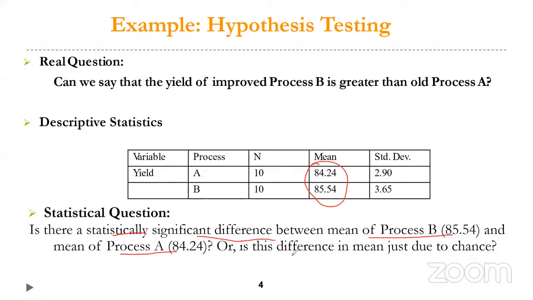Same happens with your standard deviation also, like whether they are actually different standard deviations or this difference is just due to chance. So that cannot be determined over here without we experiment with our original data. So comparing the parameters is a failure. So we come up with hypothesis test.